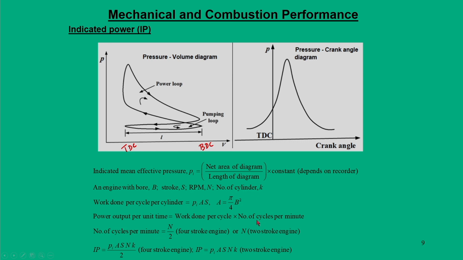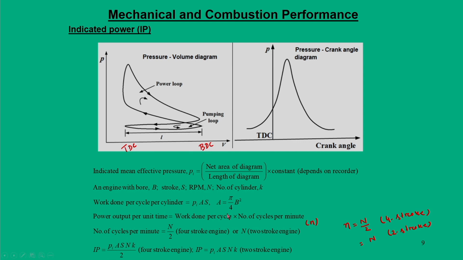So, number of cycles per minute is normally represented as n, and this n is equal to either n by 2, that is for 4 stroke, or n is equal to n, that is for 2 stroke. Okay, because this is based on the number of revolutions of the crankshaft.